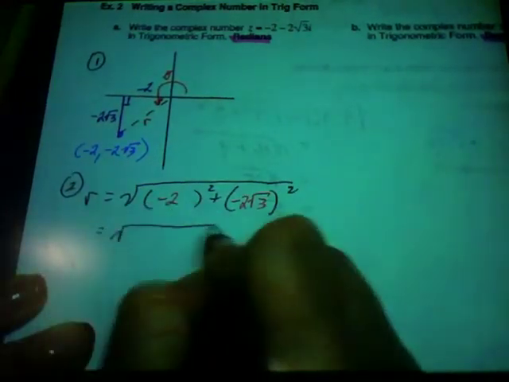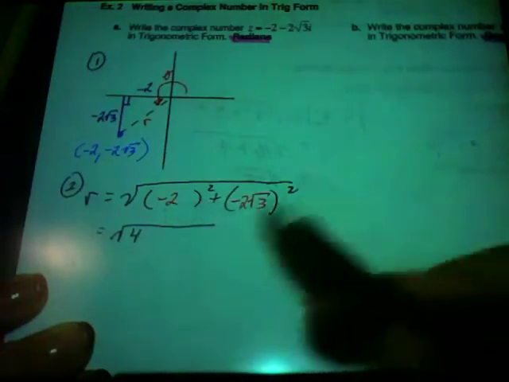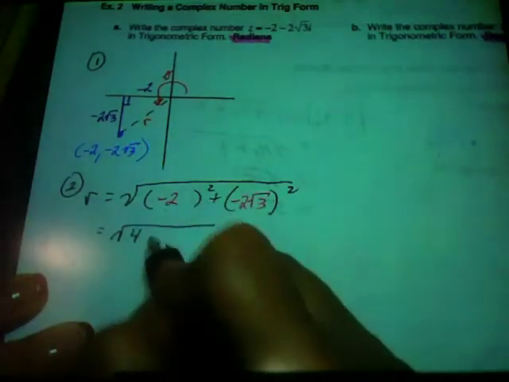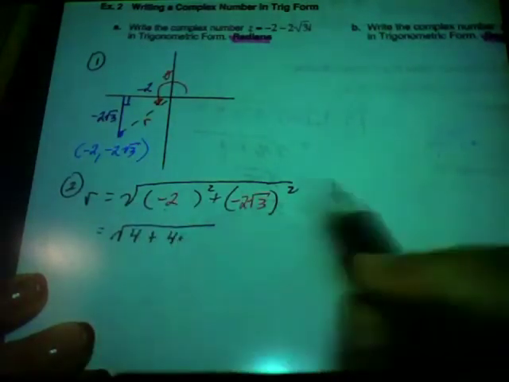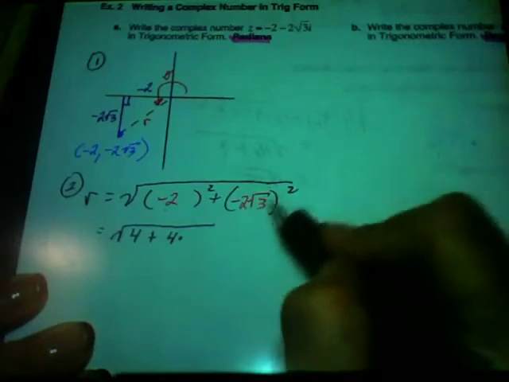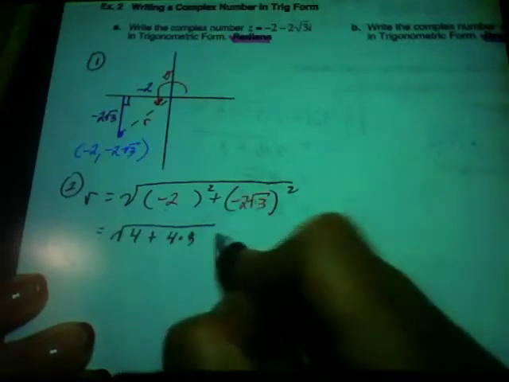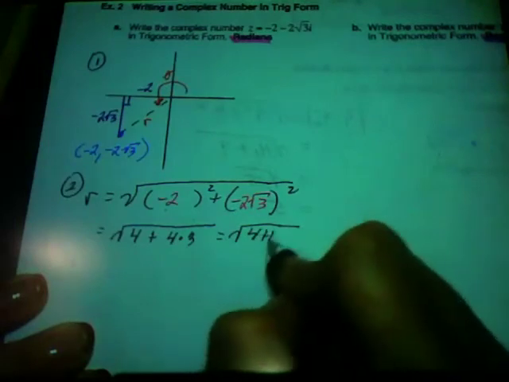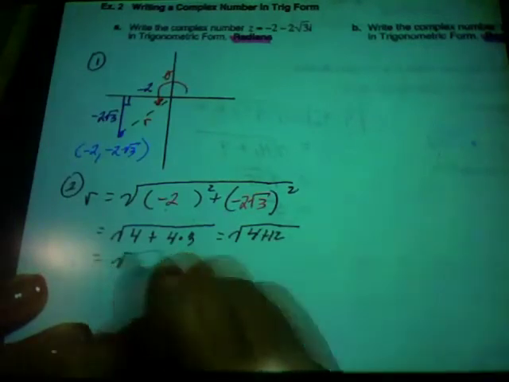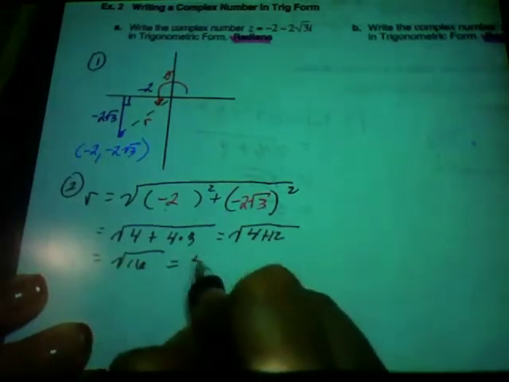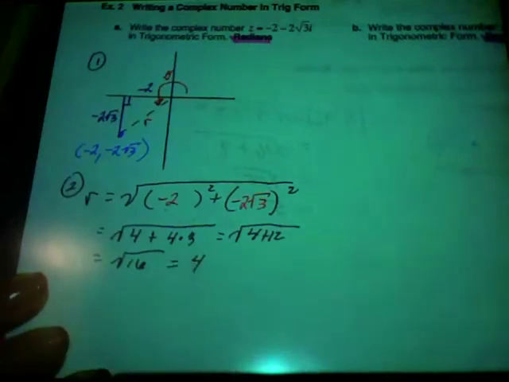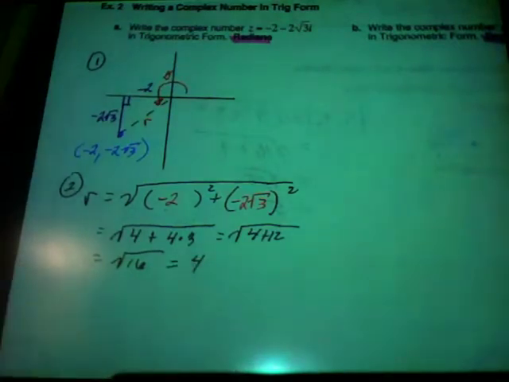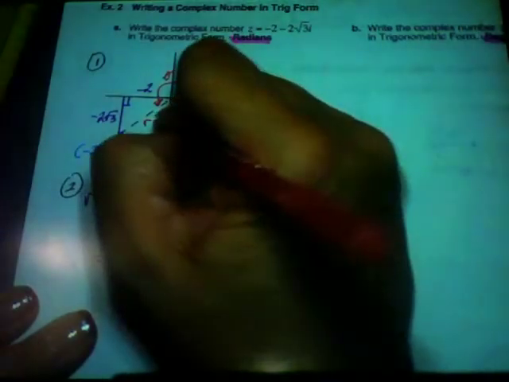So I get 4 for this one. When I square the -2, I get 4, and when I square radical 3, what's rad 3 times itself? 3. So I actually get 4 plus 12, which is the square root of 16, which is a nice number, 4. It won't always be a nice number, but here it is. So R is equal to 4.